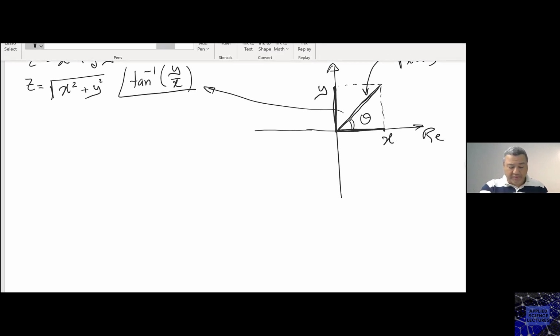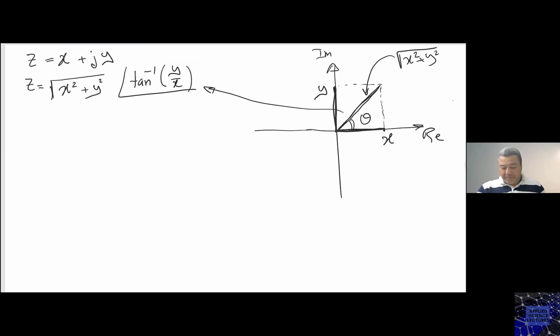And let me take different colors. The red, so if z equals to x is positive, however, the imaginary is negative. So we have now the x as positive, y as the imaginary as negative.